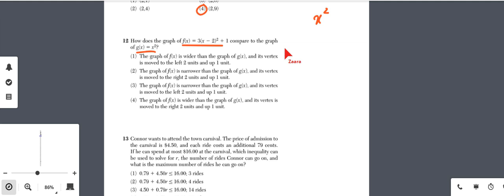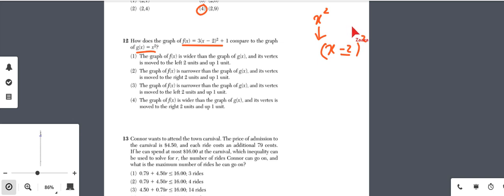What I did first, I turned this graph into the curve of (x − 2)². This is the first transformation that I made. By doing that, I moved the curve 2 units right.